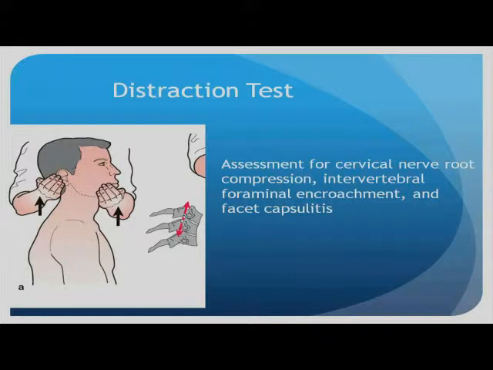If you get a more local pain, right in the area of one of the facets, you may be putting some stretch into an inflamed capsule. So that might give you some information if it is painful. But most of the time, the distraction test is used to tell you if there's anything actually pushing on the nerve root.